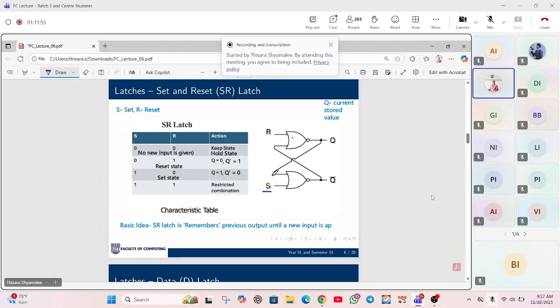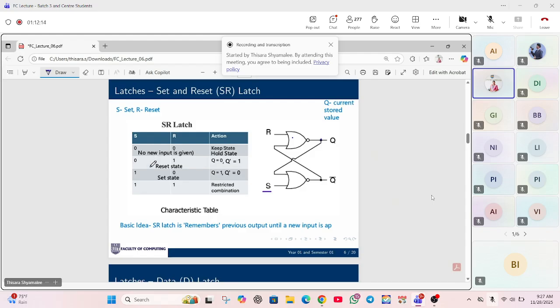Just keep the logic circuit in your mind, and the characteristic table. When it comes to the characteristic table, keep these things in your mind: the first one, second one, third, and fourth.